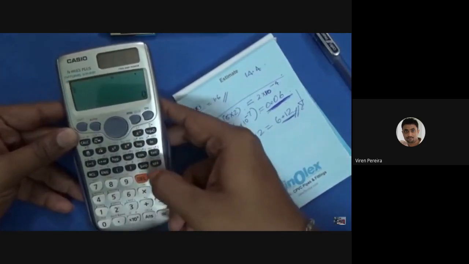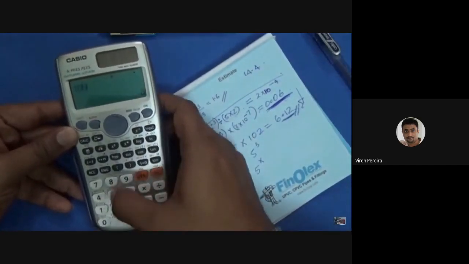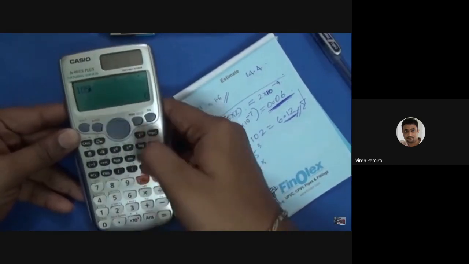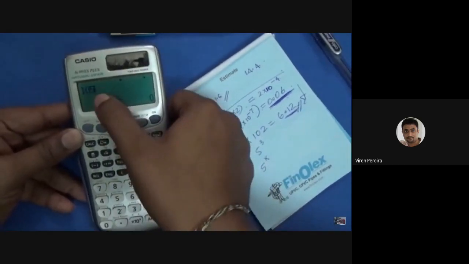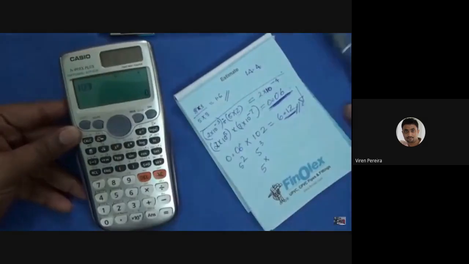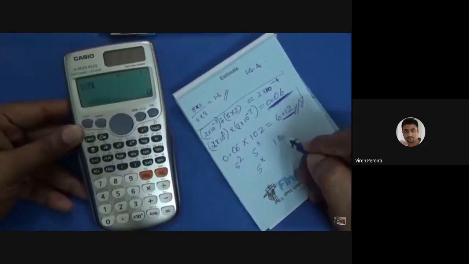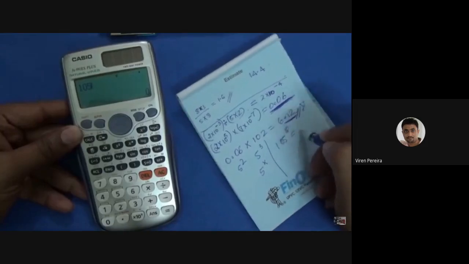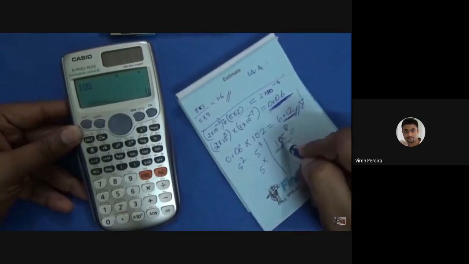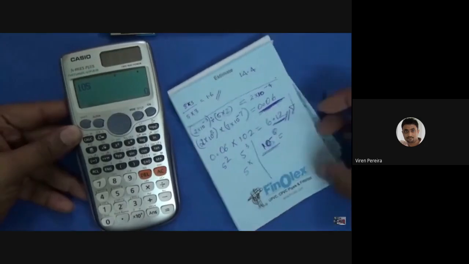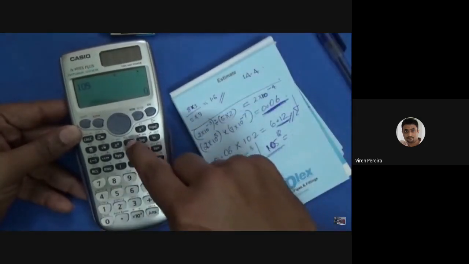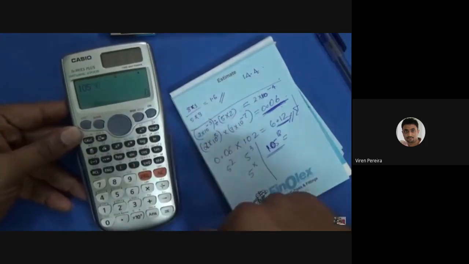So now say if the term is 105 raised to the power of 18. I press 105 first, and then I press this button right here.